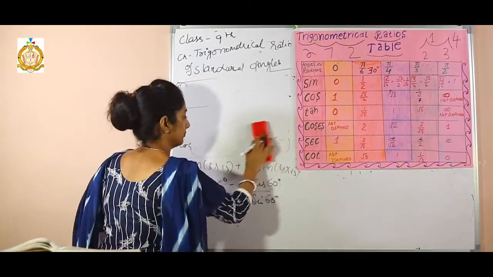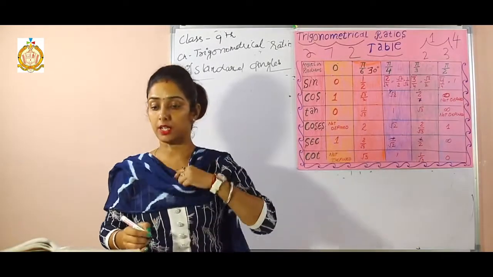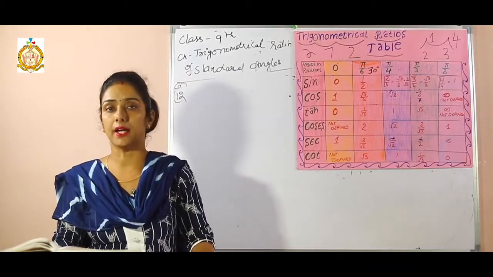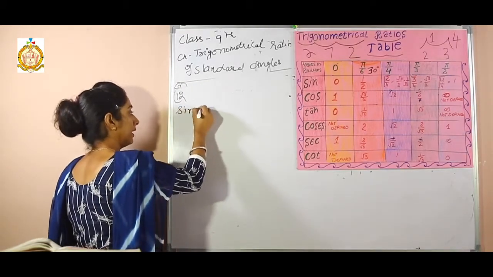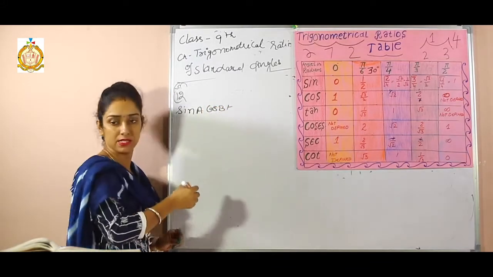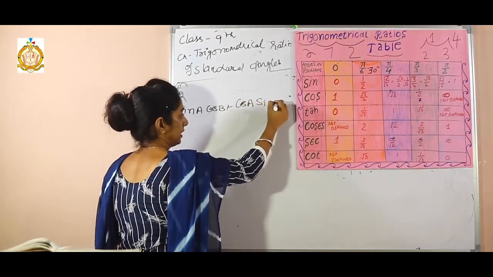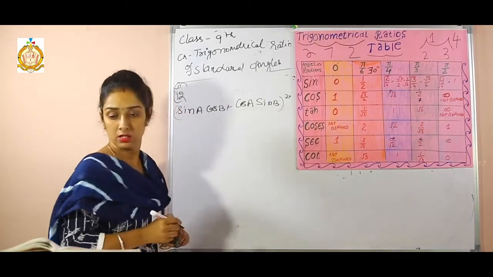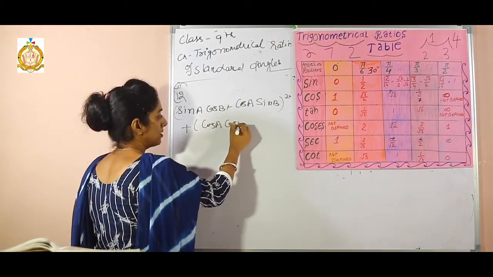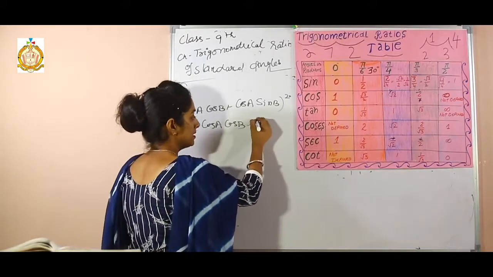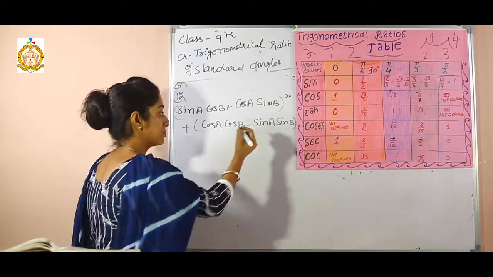Now see question number 12. See in question number 12, if A is equal to 60 degree and B is equal to 30 degree, find the value of (sin A cos B plus cos A sin B) whole square plus (cos A cos B minus sin A sin B) whole square.